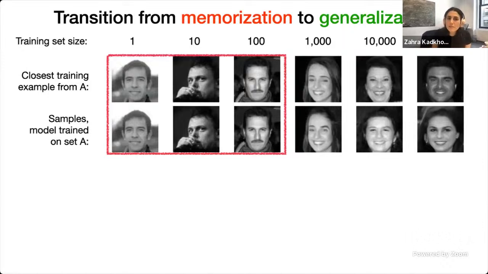So as you can see, when the size of the training set is small, like when it's 1, 10, or 100, the generated images are exact replications of the training examples. So we have a memorized prior. But when the size of the training set increases to 100,000, the generated sample is not a replication of the training examples. It's a novel example, and it's high quality.